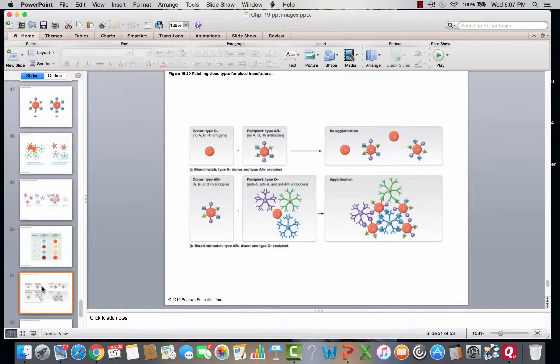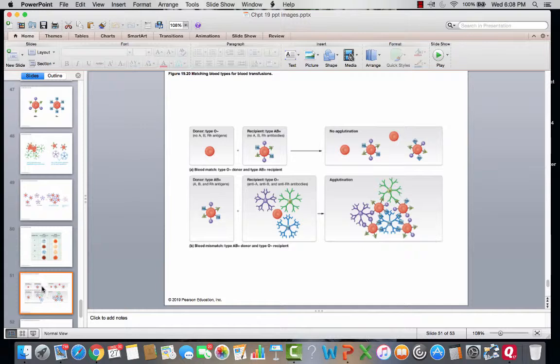When I talk about naturally occurring antibodies, the only time we're going to see these antibodies in a person's blood naturally is against the A and B antigen, the one that they don't have. You will not produce anti-Rh antibodies if you don't have the Rh antigen.